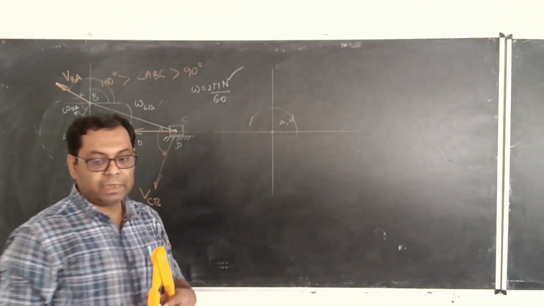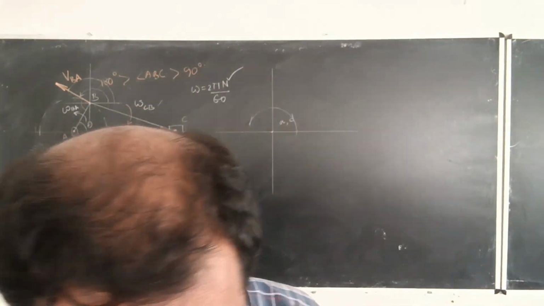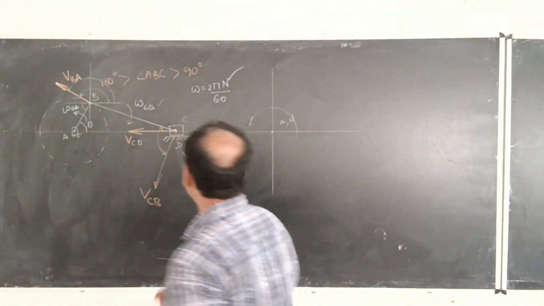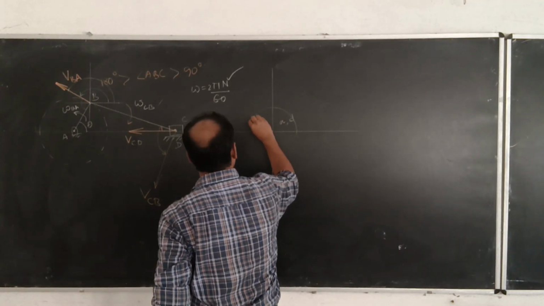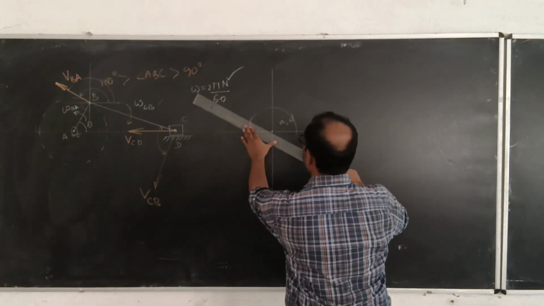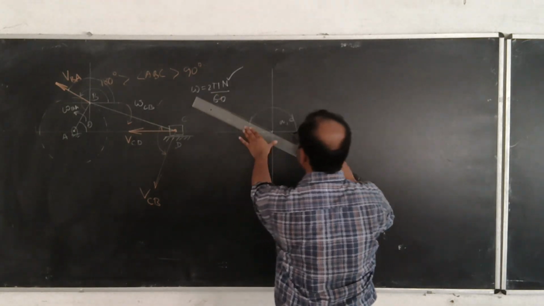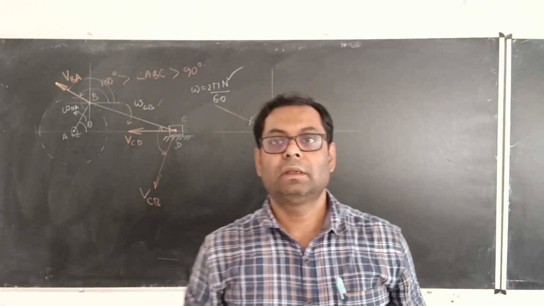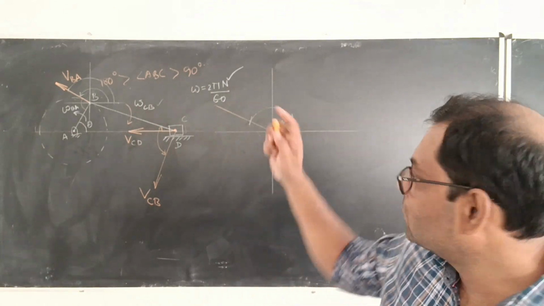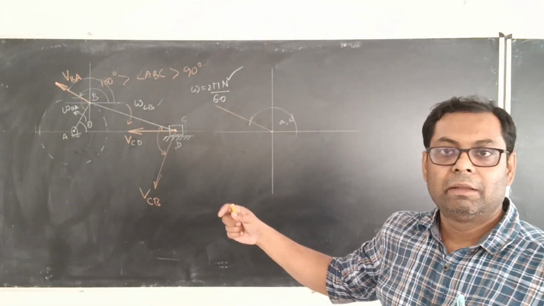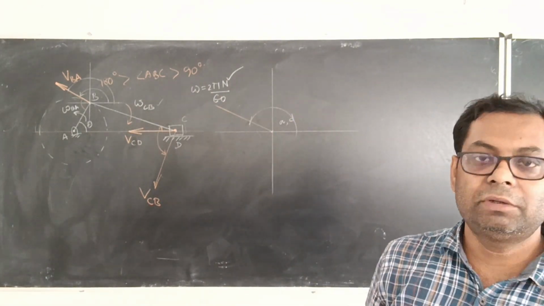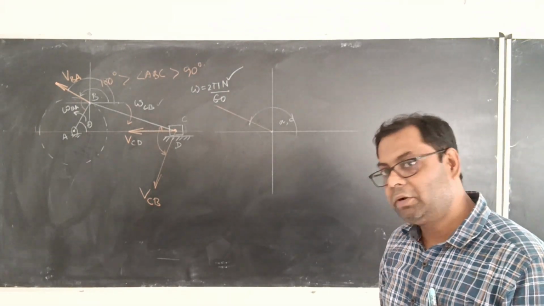So we got the intersection point. If this is the intersection point over here, we can connect these two in this way. Got it? So this is the line of VBA, but what exactly the magnitude of VBA is, we still don't know.